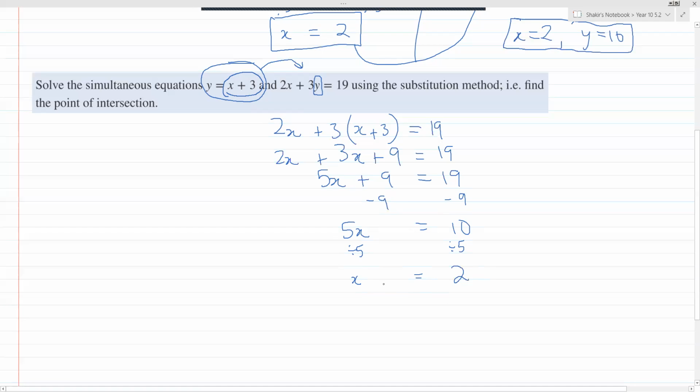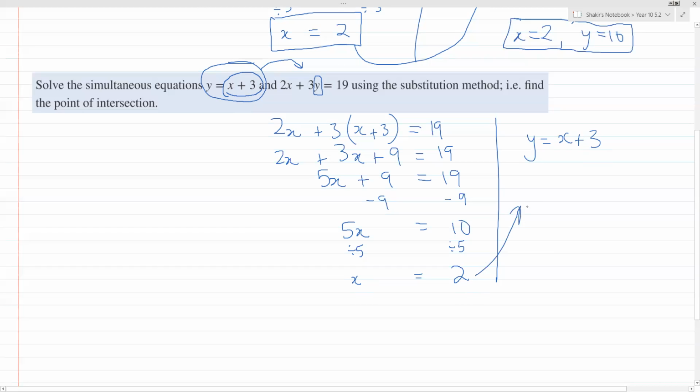Now I found x, I need to find y now. And y is equal to x plus 3, right? x plus 3. But I know what x is. x is 2, right? So I can write y is equal to 2 plus 3, which is equal to 5. And so our solution is x equals 2, y equals 5.